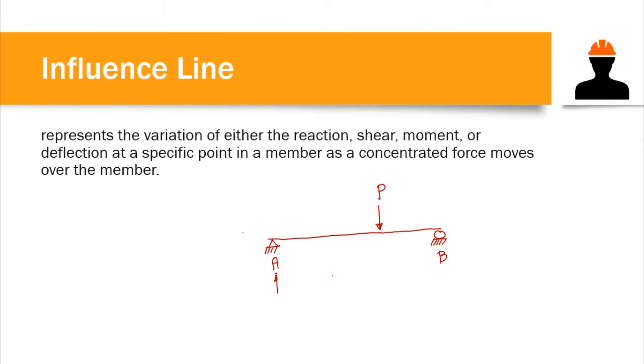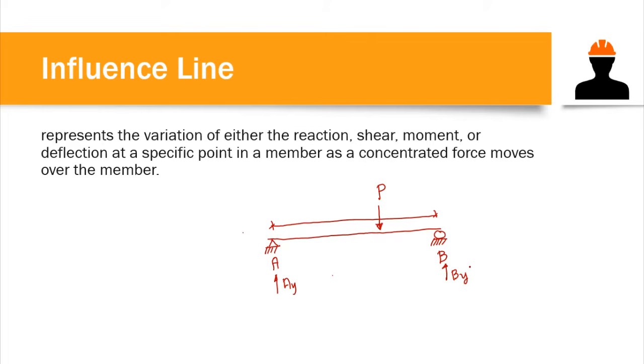As our load P is moving from A to B, our reactions are changing as well, and these are AY and BY. To define how our reactions change, we draw an influence line to determine the location of P that would give us the highest value of AY or the highest value of BY. So that's the purpose of influence line.